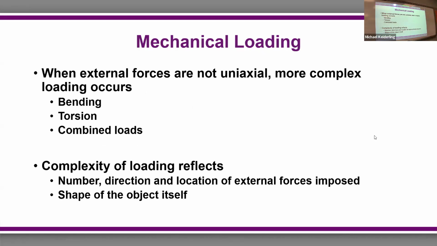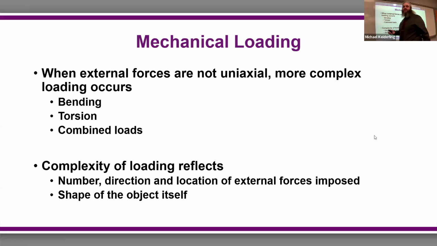Now, when external forces are not all along one axis, you get more complex loading. You get combinations of these. These are things like bending, torsion, and in general, combined loads. You can combine these together.